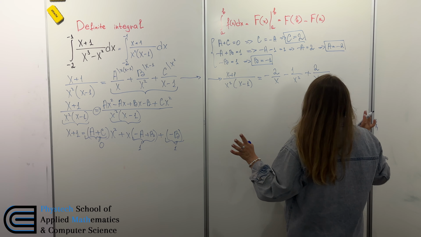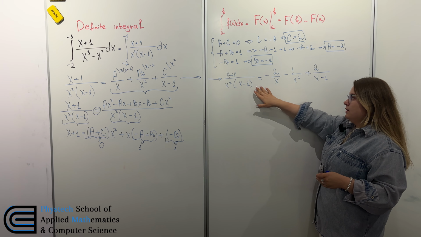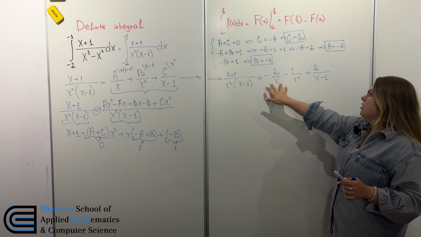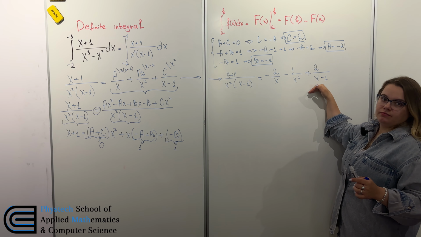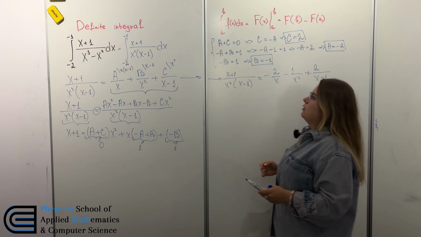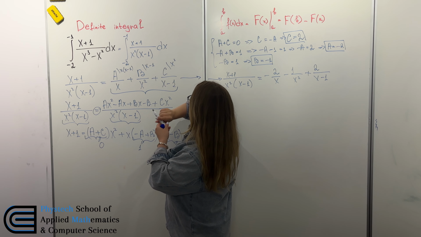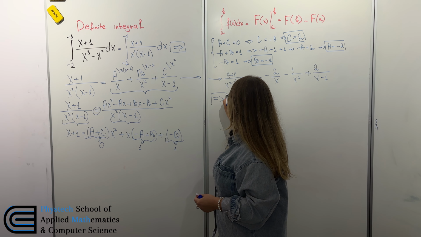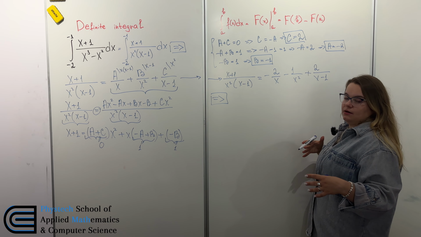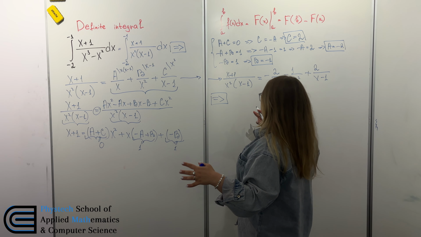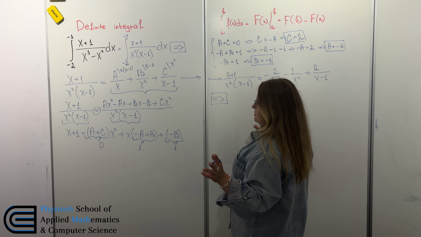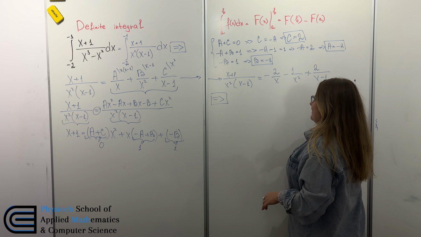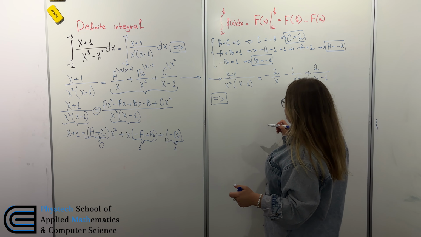So we can see that this fraction is the sum of these fractions. So our initial integral we can now rewrite as a sum of 3 integrals, or I can write it in one integral and then split it during calculations.